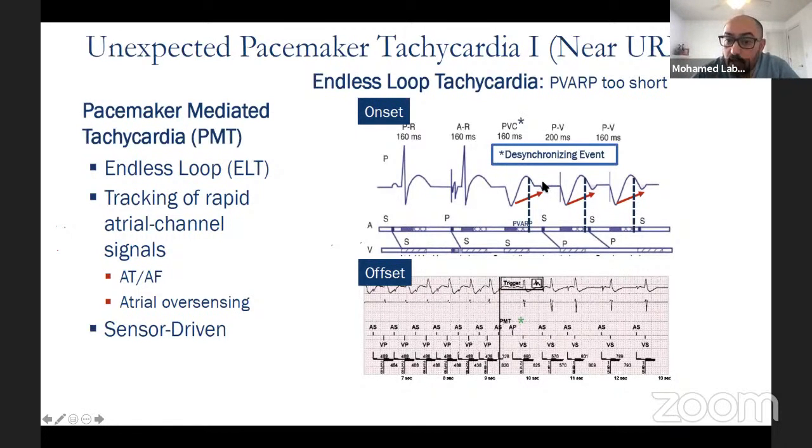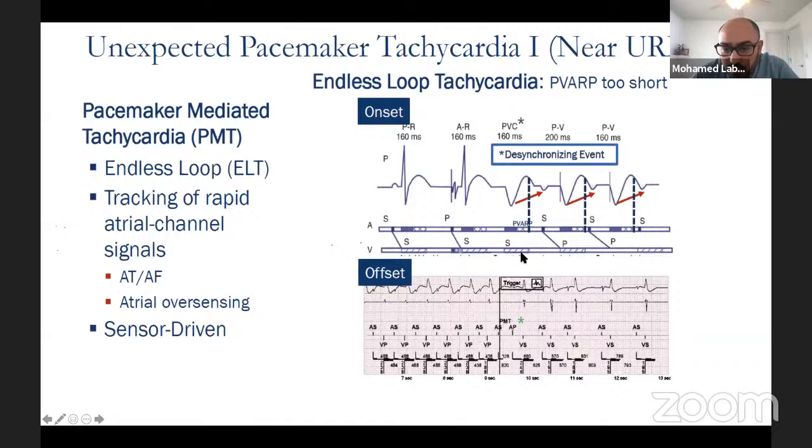So it says, okay, the A is sensing, let's keep up with it. I'm going to pace in the ventricle. And the second pace goes retrograde activation in the atrium. Oh, it says, okay, this is the P wave that I saw earlier. I'm going to keep up with it, and so forth. It keeps going. So one way to overcome this is you prolong the PVARP.